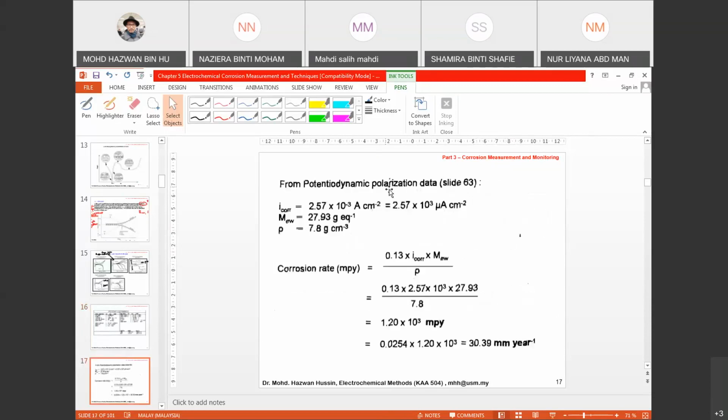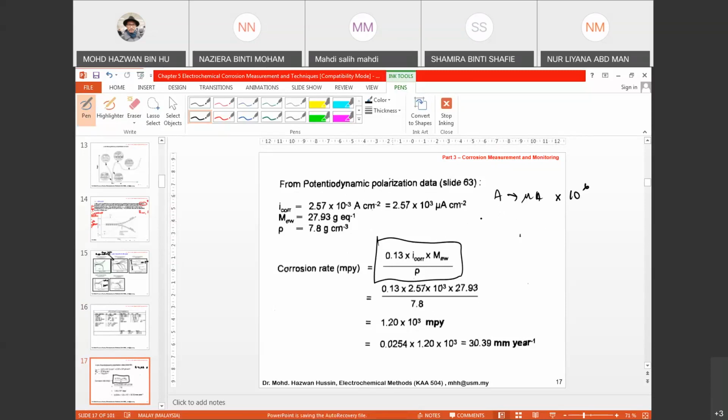You can actually calculate or check your data to see whether the corrosion rate has been calculated correctly using the formula that we learned in chapter 3. For example, over here, the value is given as 2.57 times 10 power of minus 3 amperes per centimeter square. If you want to convert it into microamperes, you need to multiply it with 10 power of 6.